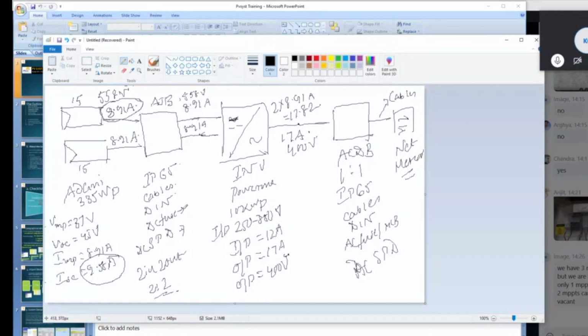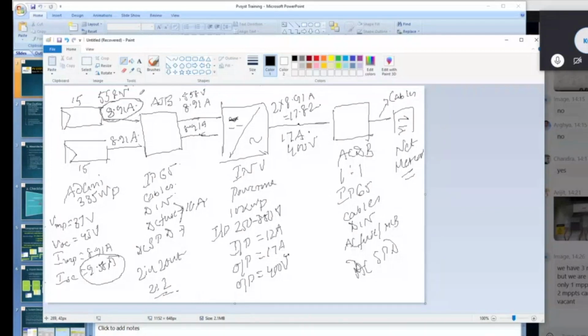So any DC fuse rating greater than 9.58 or 10 amps is more than enough. We can select a 10 amp fuse. If it is not available, the next available rating is a 16 amp fuse, right?